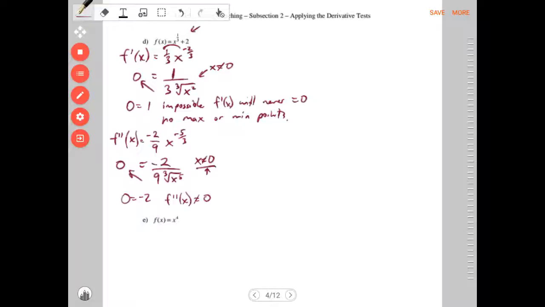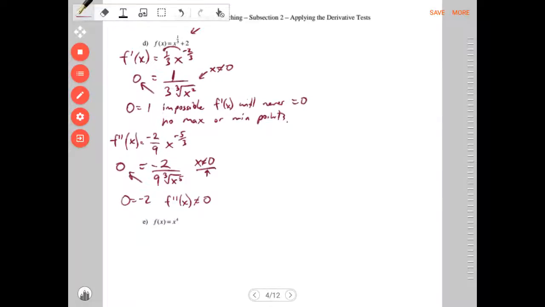So we have to test it. f double prime of 0 is a possible point of inflection. Right at 0, we're testing regions of concavity. Remember, it's a point of inflection if the regions change.